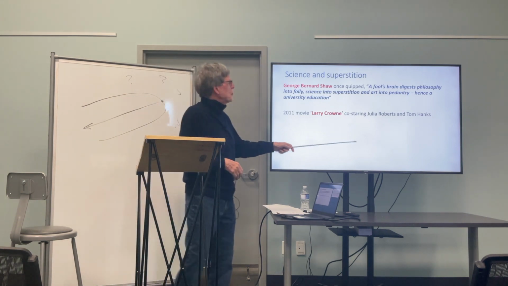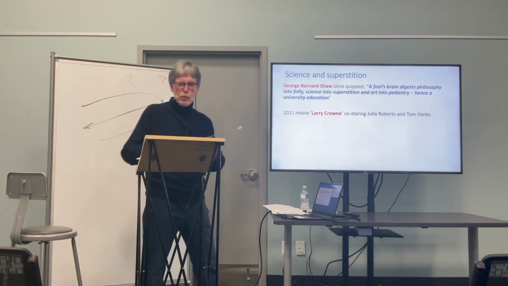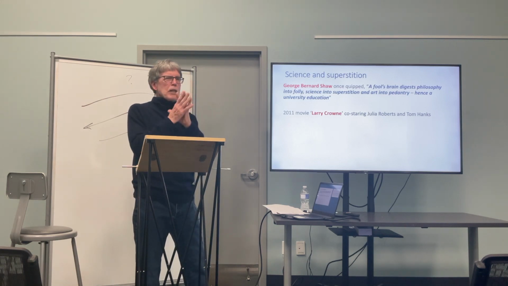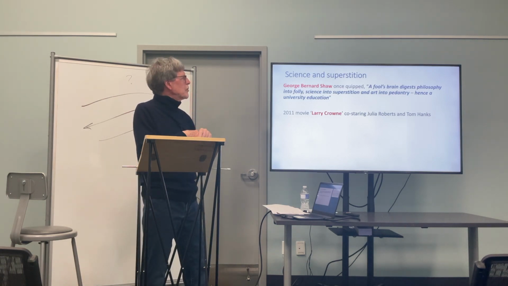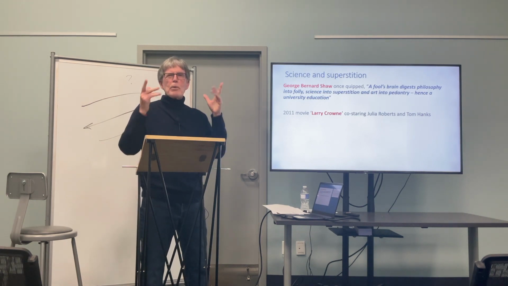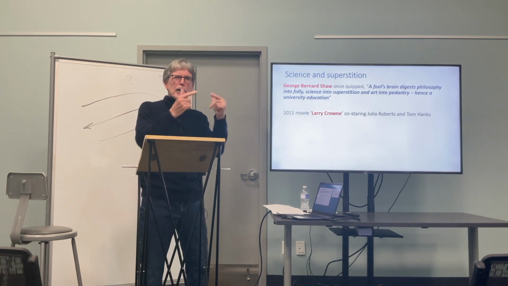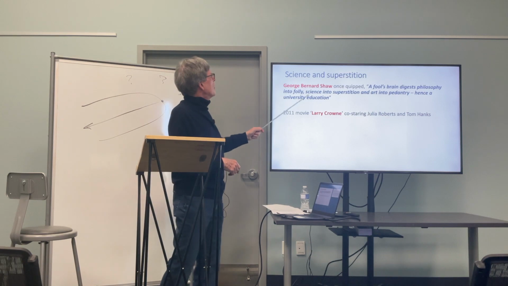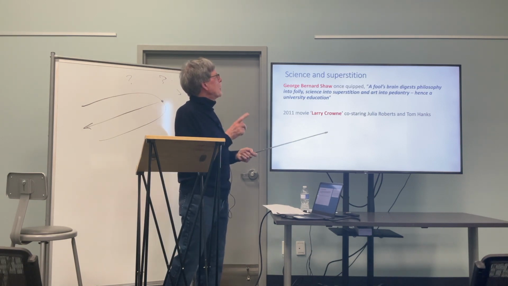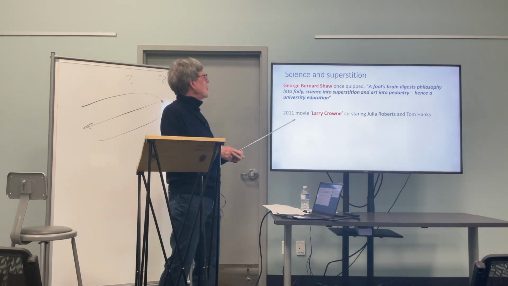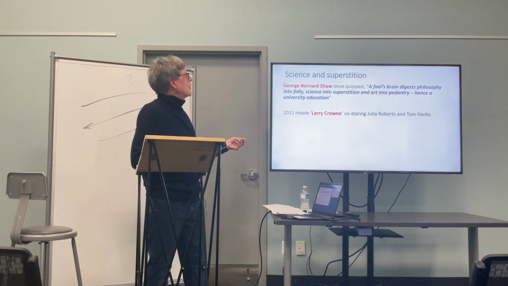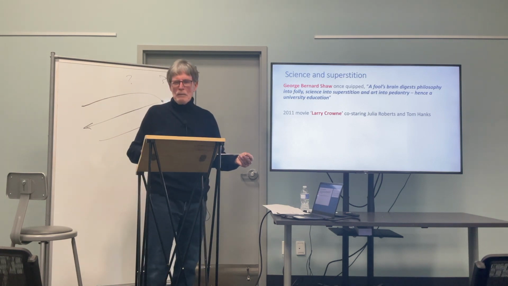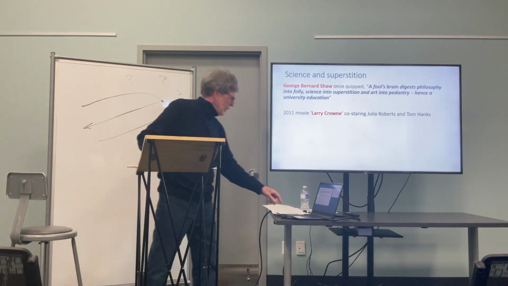Tom Hanks is a student, Julia Roberts is running the show, so the last little speech he gives is on Earth and Bernard Shaw. He was expected to combine the two in 2 minutes. So we finished off with the first. George Bernard Shaw once put it: the fool's brain digests philosophy into folly, science into superstition, art into pedantry, hence a university education. And so I kind of like that.